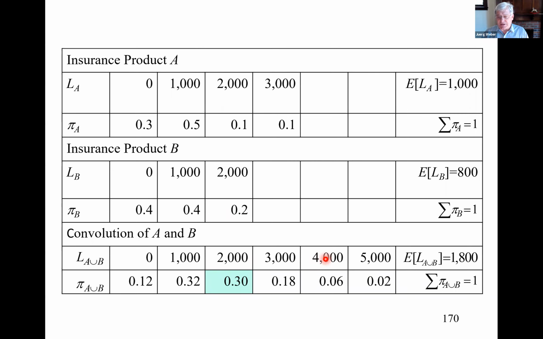Now the chance that the loss will be bigger than 4,000, actually 5,000, that chance is 2%. So the insurance company needs to have funds of $4,000 if the probability of ruin should not be more than 2%. Now, if it has $4,000, then with 2% chance it will go bankrupt.